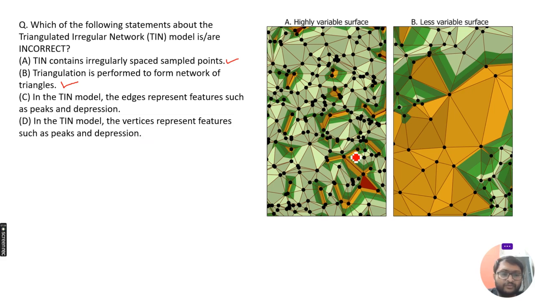This is true, because the lines represent the slope, how the elevation between the peaks and the valleys is changing. So the edges represent slopes while the vertices represent peaks and depressions. So option C is incorrect and the other three are correct.